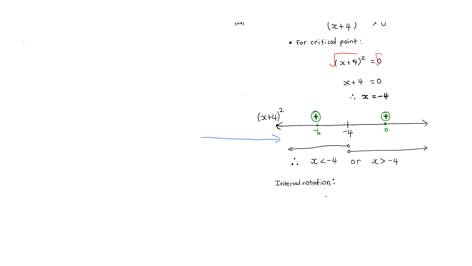So you're going to have round brackets, negative infinity, until you get to that negative 4, and you're not going to include it, so it's still a round bracket, together with the next solution set, which is after this negative 4. As you carry on, you're looking at values greater than negative 4 all the way up to infinity, and infinity is never included.